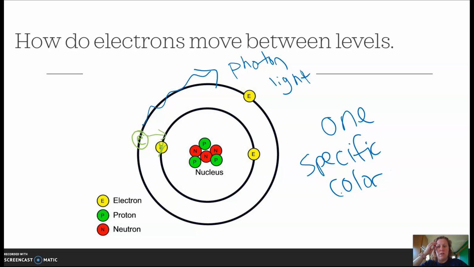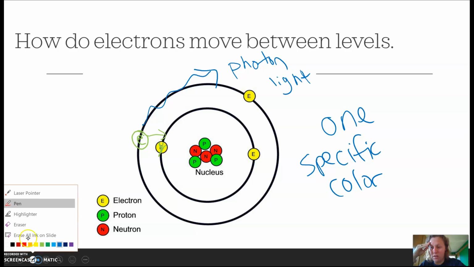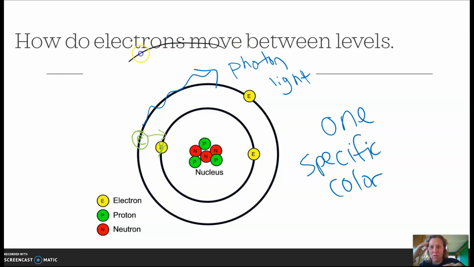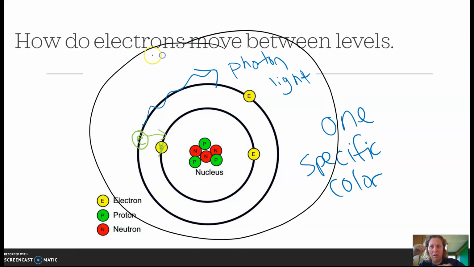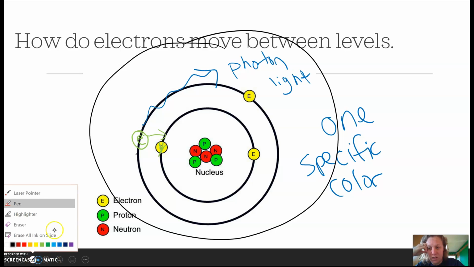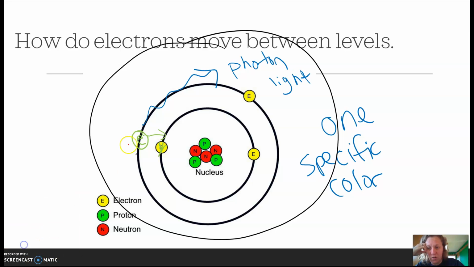Let me add another ring. If there were another ring out here, and an electron went from here to here, let's say it would release red light. That photon would be red.